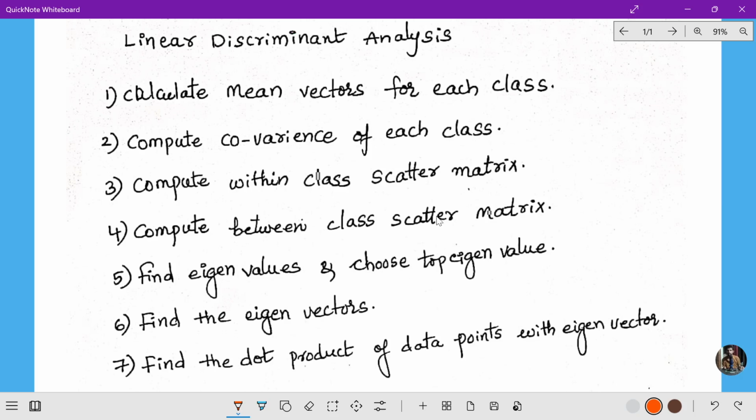First, calculate the mean values of each class and compute the covariance, compute the within class scatter matrix, and fourth, compute the between class scatter matrix and find the eigenvalues, choose the top eigenvalues, find the eigenvectors, and the last one is to find the dot product of each with the eigenvector. So these are the important points, or else we can say the algorithm, to complete the linear discriminant analysis.